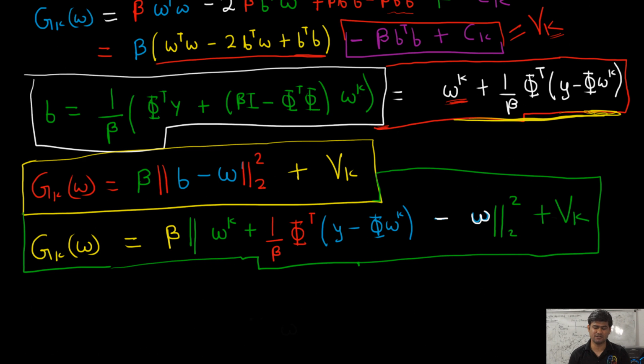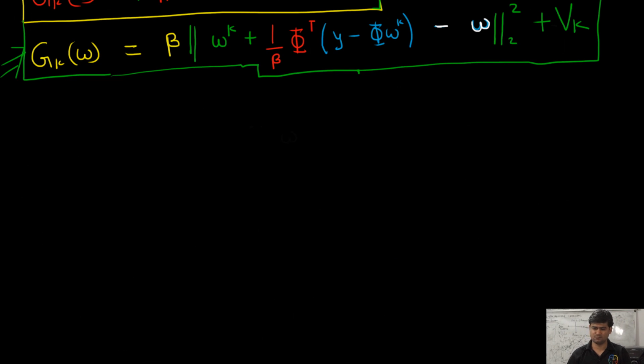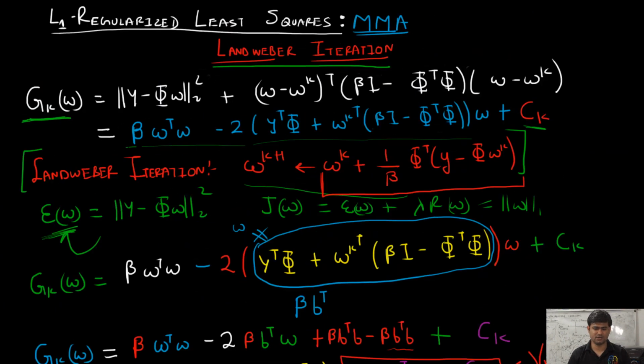And you will have to remember the definition of function g_k, because this definition of g_k would be eventually used in the later part of the lecture to derive the iterative soft thresholding algorithm. So this is all that we wanted to discuss in the Landweber iteration part of the majorization minimization algorithm.